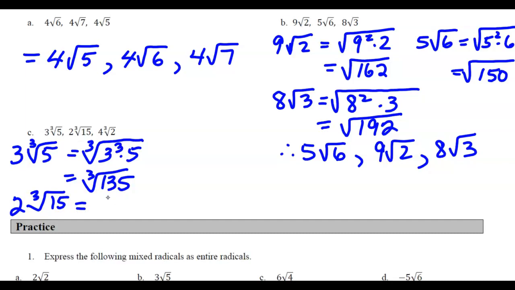And do 2 cubed root 15. So 8 times 15, 8 times 10 is 80, 8 times 5 is... did I just say 8 times 15? 8 times 5 is 40, so 120.